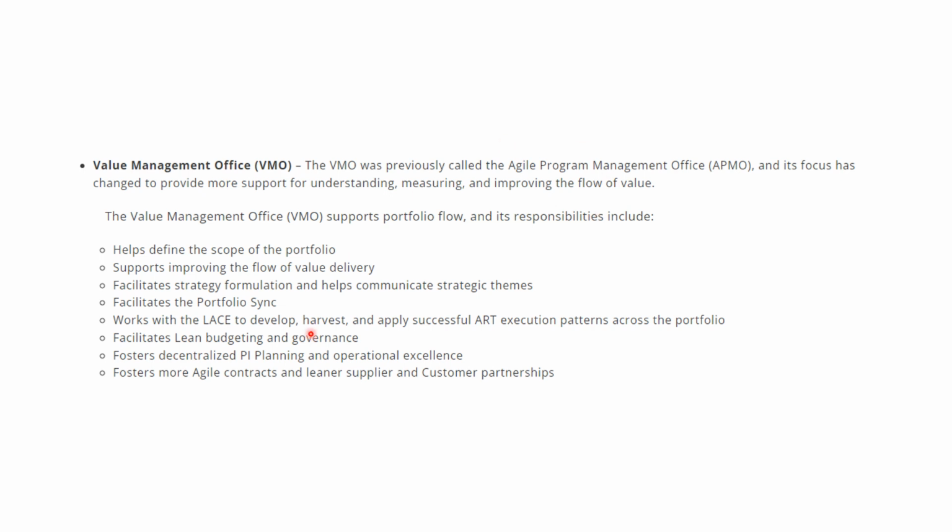So these are the responsibilities included as part of the VMO. Now you need to understand that instead of the Agile Program Management Office, we are calling it the Value Management Office, with more focus given to the flow of value.